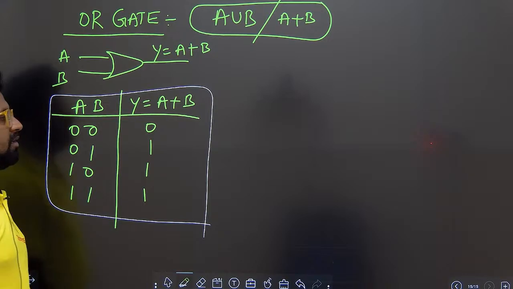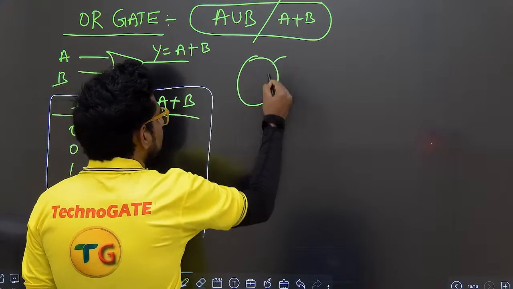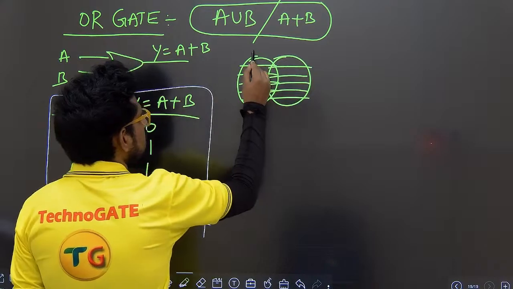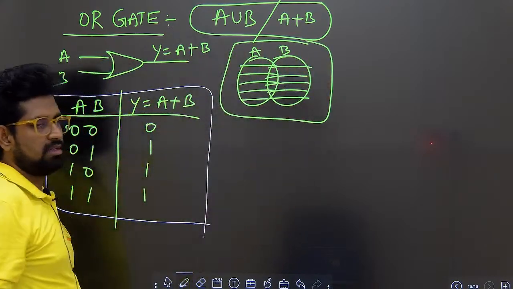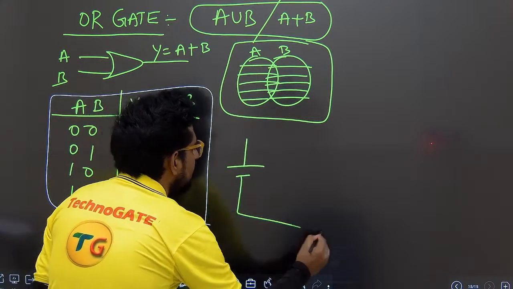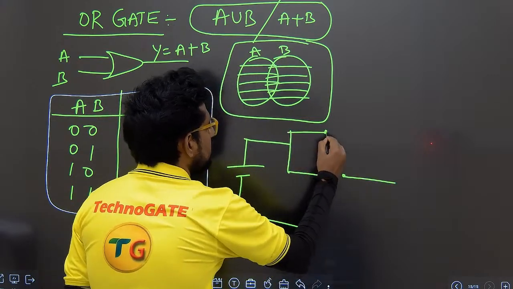Next I am going to draw the Venn diagram. A or B means both A and B together. So this is the Venn diagram of OR gate. Previously the switches were connected in series, now the switches should be connected in parallel.